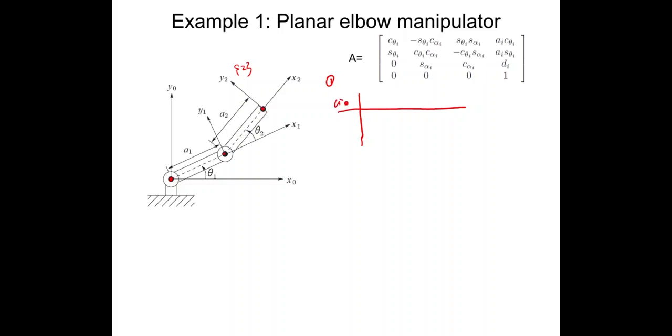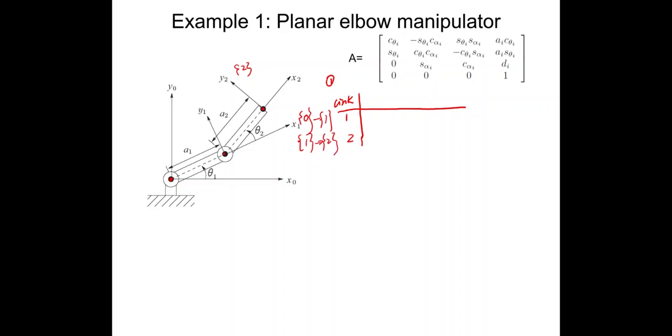Here we read link 1, and link 1 means frame 0 to frame 1, the coordinate frames. And this is link 2, which means frame 1 to frame 2.